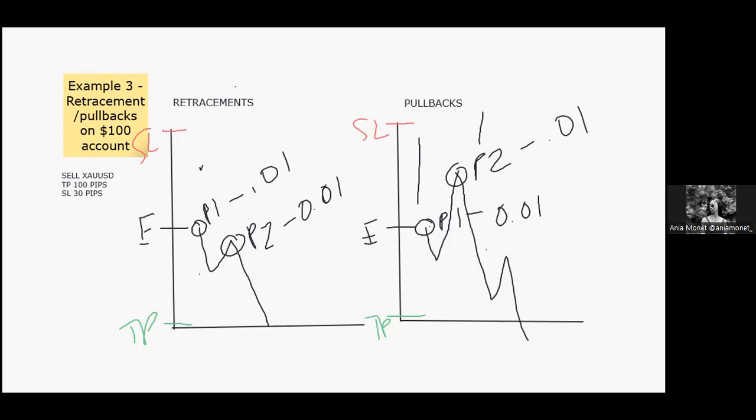Let's move on to our final example of a $500 account. It's going to be the same ordeal, same trade and everything. Example 4, and this is retracements and pullbacks on a $500 account.